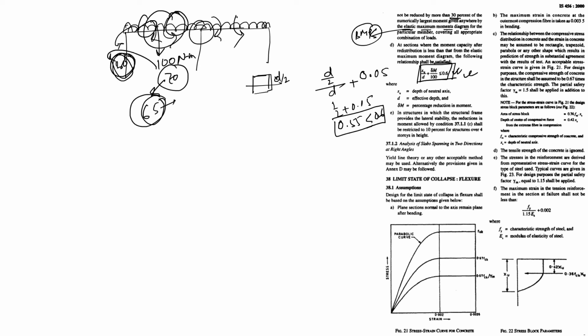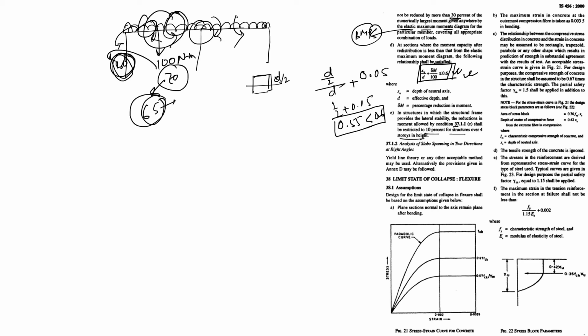In structures in which the structural frame provides lateral stability, the reduction in moment allowed by the condition 37.1.1 shall be restricted to 10% for structures over 4 stories in height.